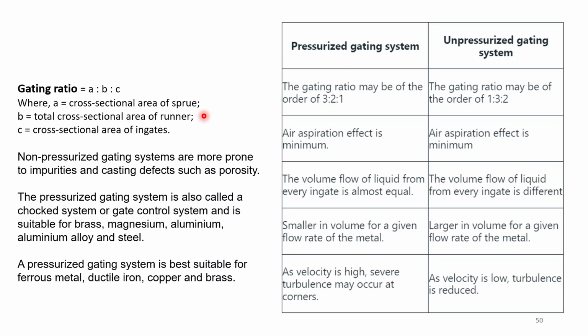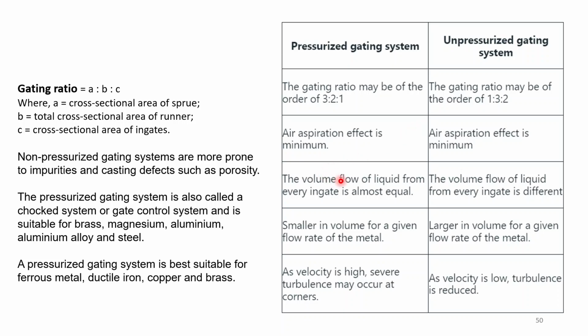All these cross sections control the pressure at the casting part. In case of pressurized gating system, you will have the ratio 3:2:1. In case of unpressurized system, it will be 1:3:2. And in this case, air aspiration effect will be minimum.